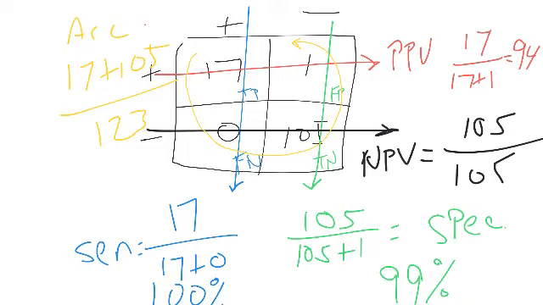Always. Guess what? If they give you the positive predictive value and the negative predictive value, the accuracy is going to be between them. It's always going to be between them. So if they give you these two, you can always determine that the accuracy, that usually gets you down to at least a 50-50.